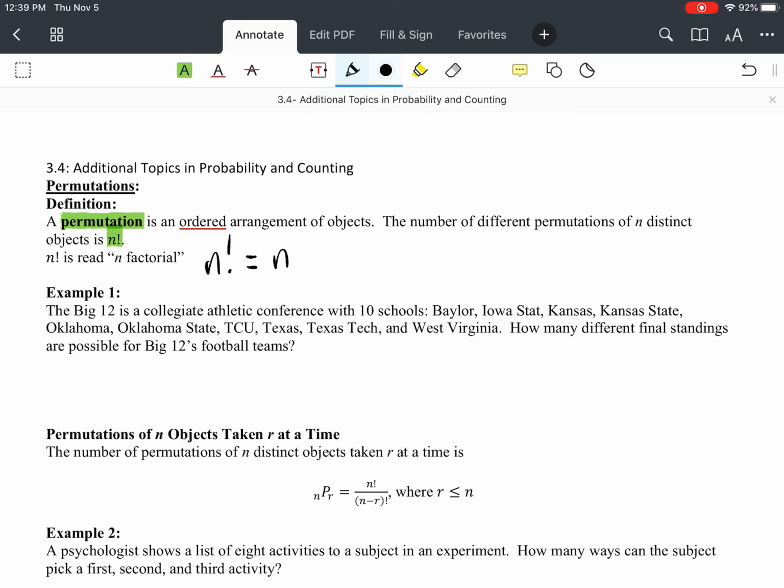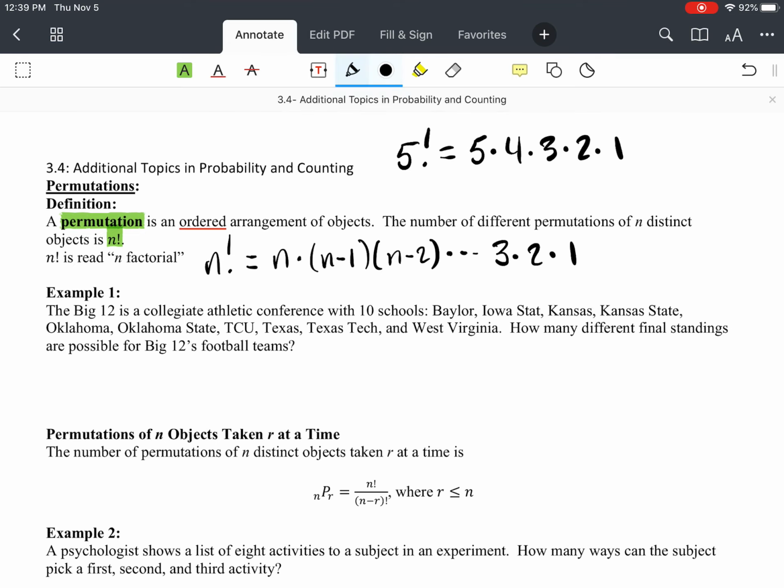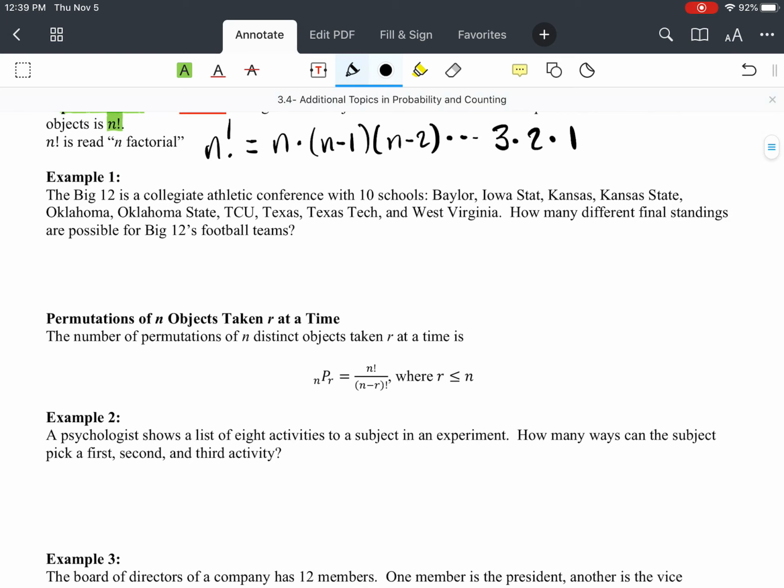What this tells us is that n factorial is equal to n times n minus 1 times n minus 2, and we keep this trend going all the way down to 3 times 2 times 1. An example of this: if I were to ask you to find 5 factorial, this is exactly the same as saying 5 times 4 times 3 times 2 times 1.